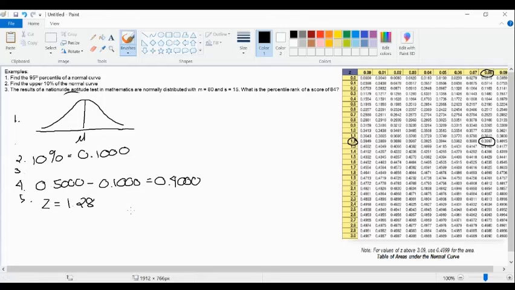Therefore, the upper 10% is above 1.28. Okay? So we're going to shade the region to the right of 1.28. So here it is. Therefore, the shaded region is the upper 10% of your normal curve.